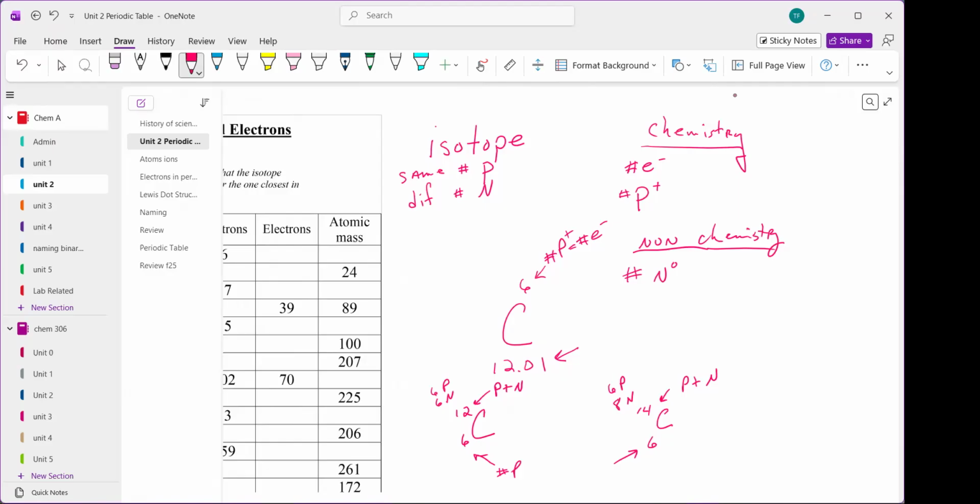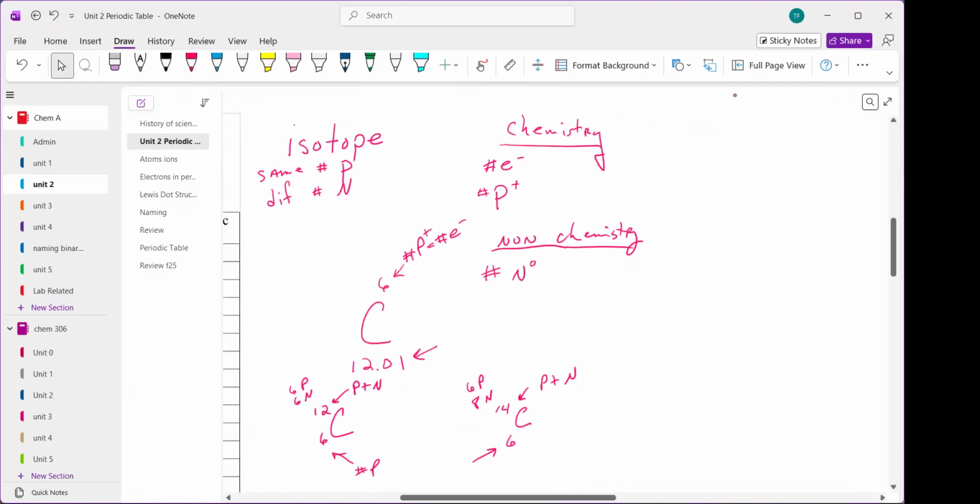It's an average of all the isotopes for carbon. So this 12.01 for carbon is the average of the isotopes of carbon. Carbon 14, carbon 12, carbon 11, carbon 13, all those together is 12.01.